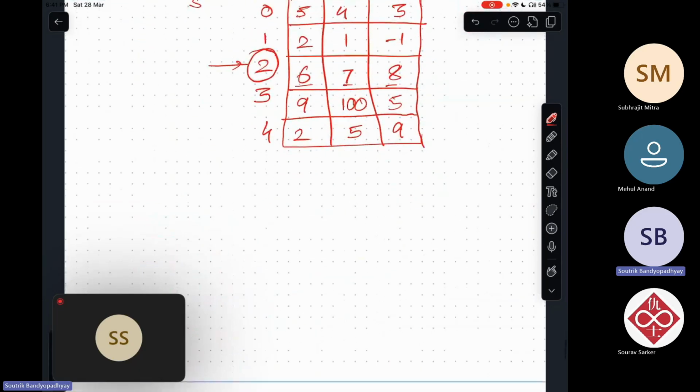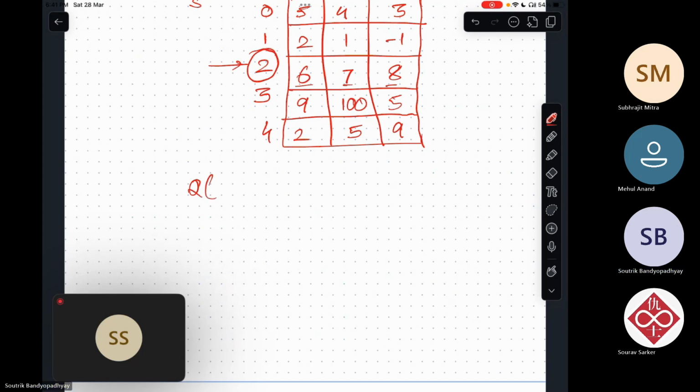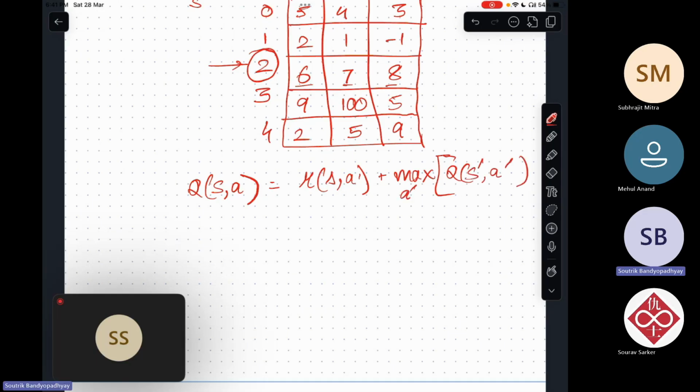So herein lies the situation. The Q of the current state is the stage cost plus the maximum over the next state of this next state.